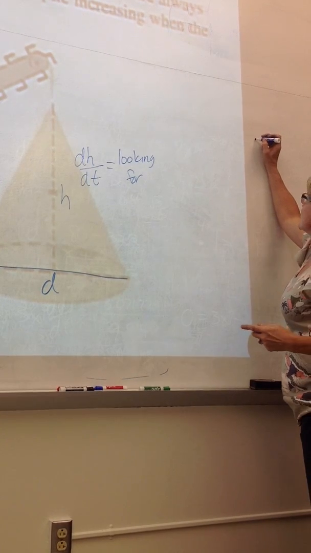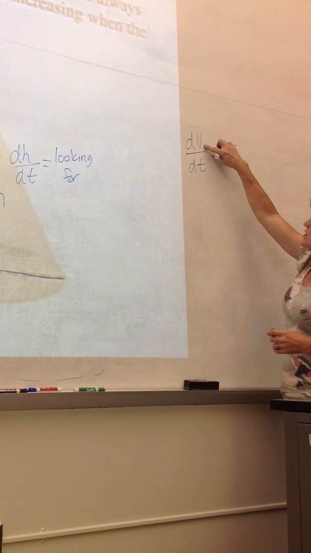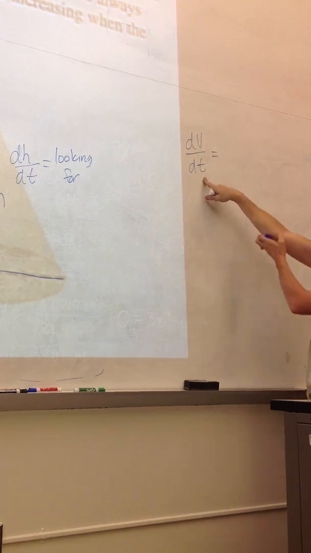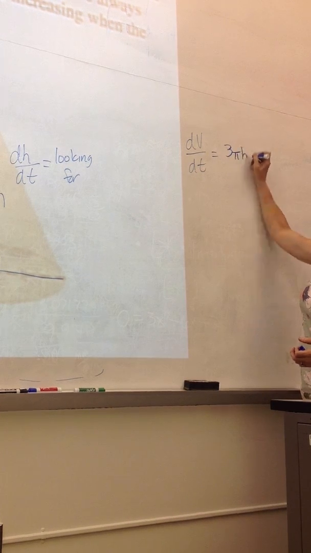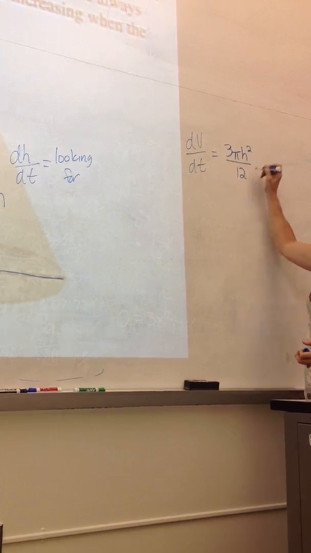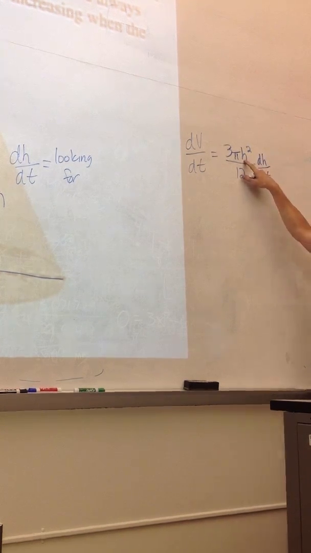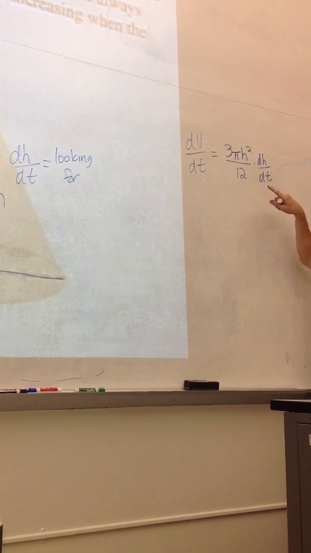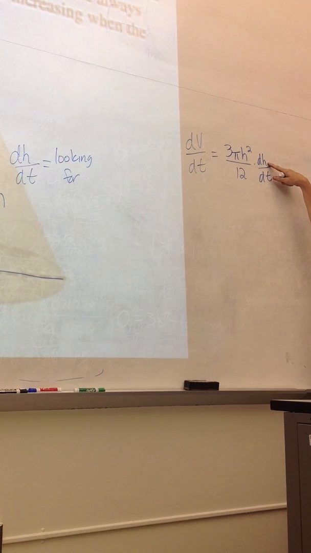My implicit differentiation will look like dV/dt, the rate of change of volume with respect to time, is equal to 3 pi h squared over 12 times dH/dt, because h is a function of time plugged inside of that cube. So this is the derivative of the outside, multiplied by the derivative of the inside.